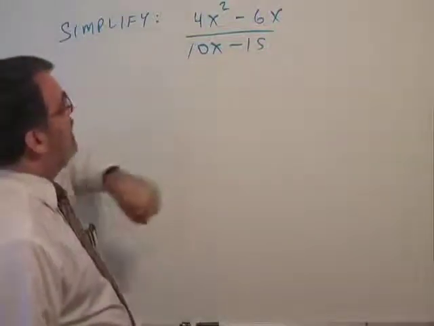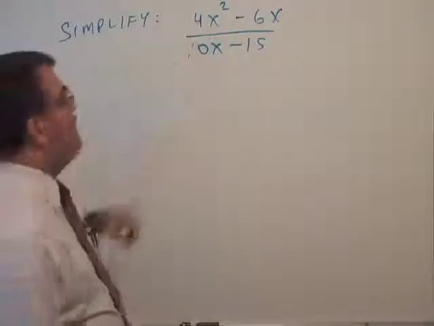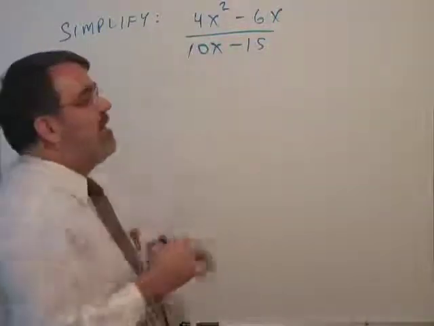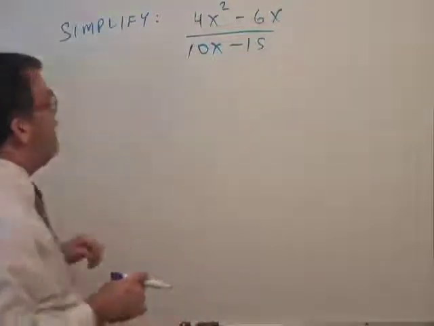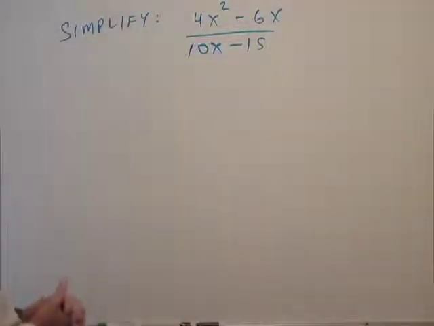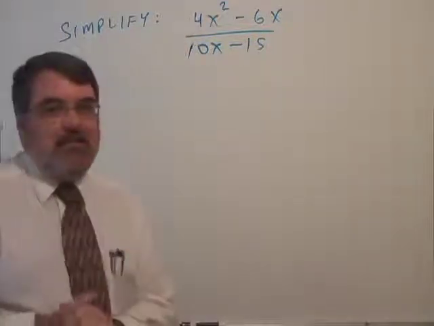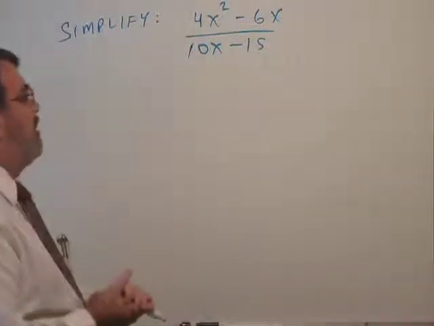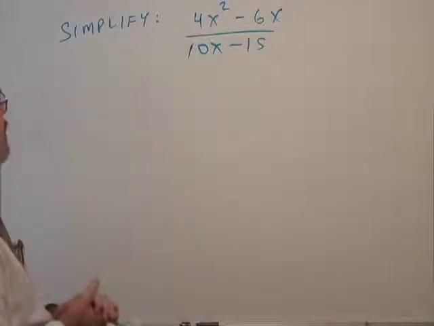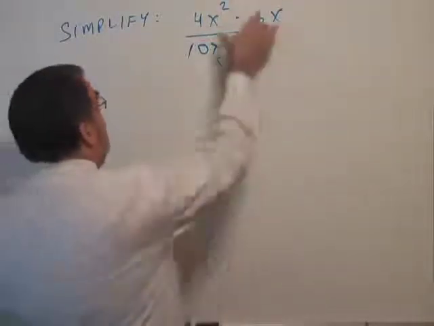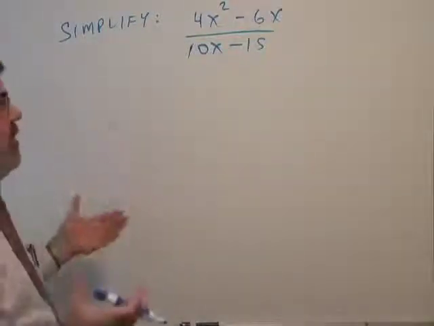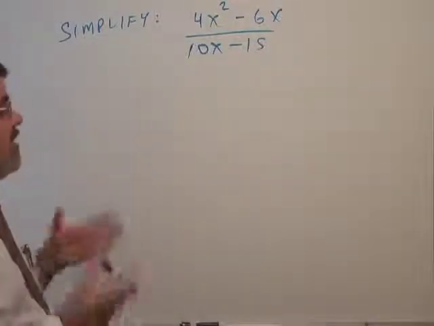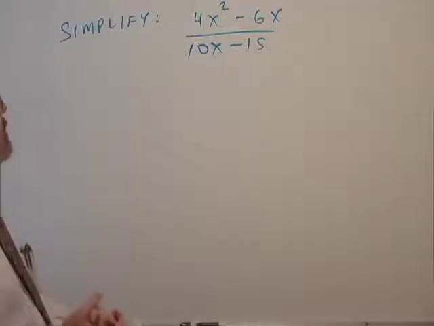It's easy to think, well, let's simplify 4/10, and let's simplify 6/15. It doesn't work that way. So I'll illustrate later why that's a very undependable method of reducing fractions. One of the problems is that we have 2 terms up here and 2 terms down there, by which I mean they're added or subtracted together, and that kind of throws a monkey wrench into things.